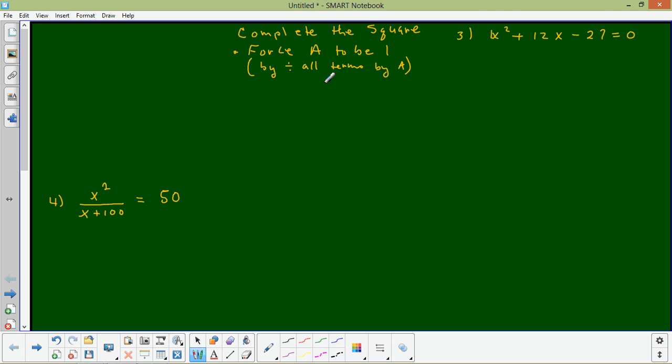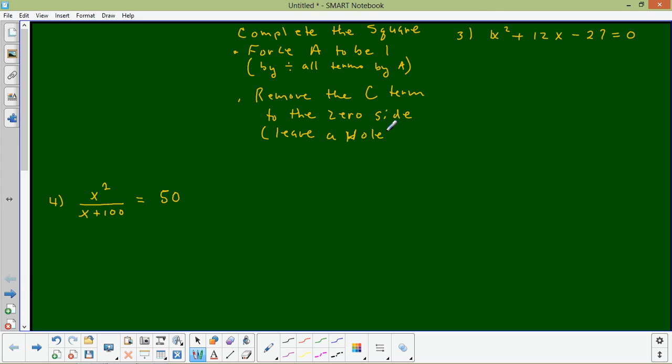Second bullet point. Remove the C term to the 0 side. And I'm also going to comment and say leave a hole.